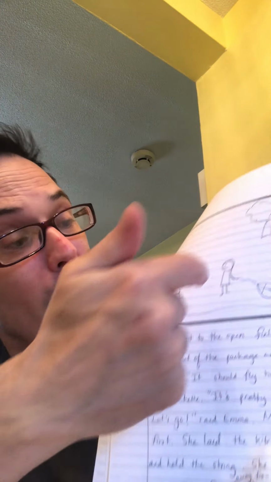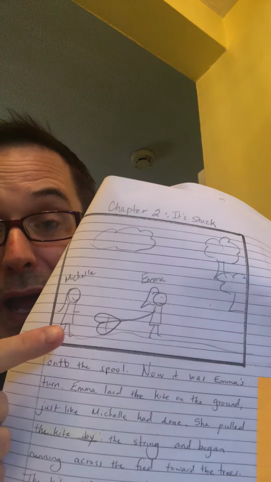So I could not have anything in the words on that page, but just Michelle's eyes big, and the reader knows that something is going wrong. Another thing is that when Michelle was flying the kite, she was facing this way. But when Emma starts to fly the kite, she's facing the opposite way. So that might be a clue to the reader too.